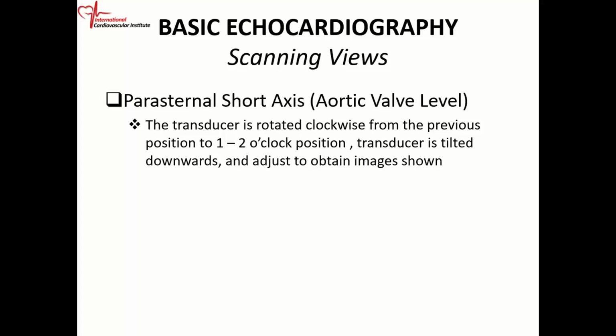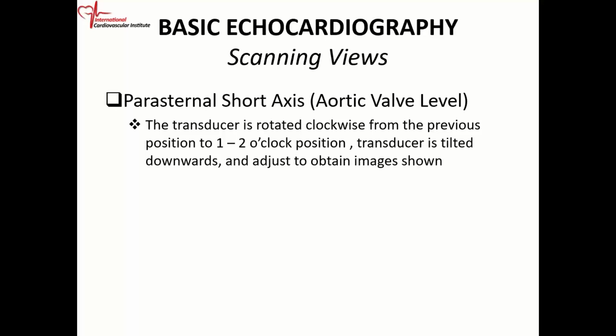Parasternal long axis view. The transducer is in the third or fourth intercostal space. You always start with that location. Mark it towards the patient's right shoulder. To get the RV inflow view, you tilt the head of the transducer towards the patient's left shoulder.